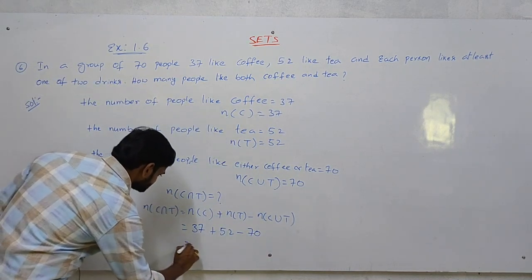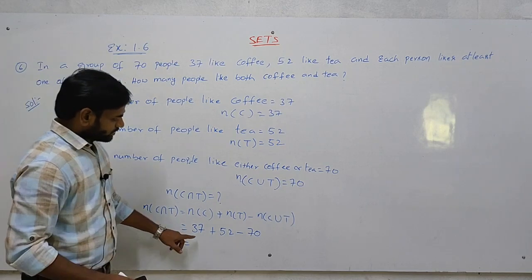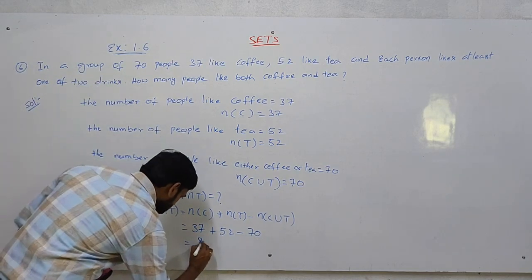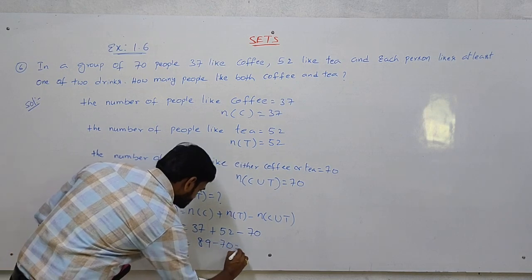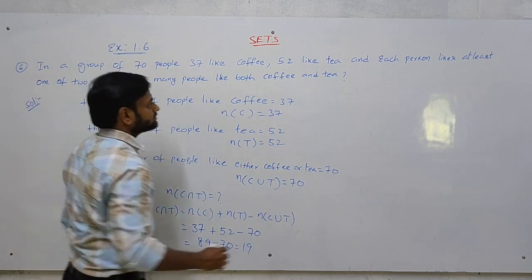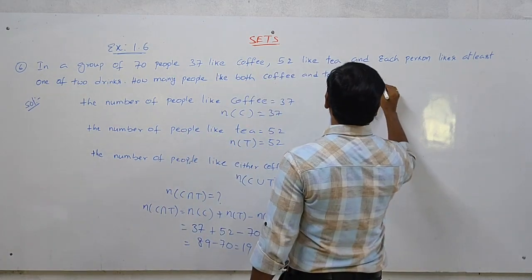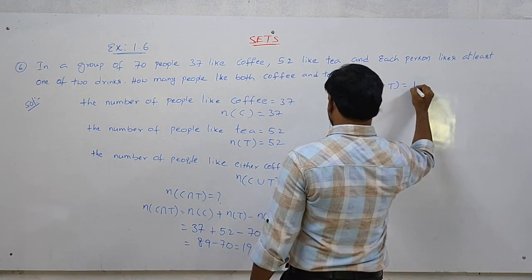So it is 37 plus 52, 89. 89 minus 70, that is 19. So n of C intersection T equals 19.